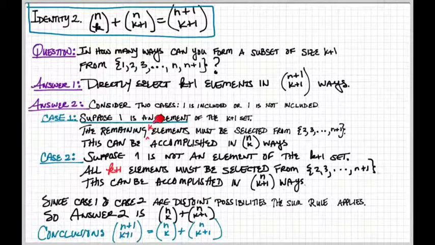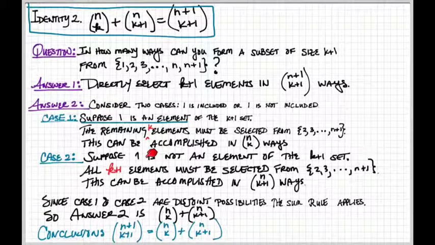Since there are k elements to be determined, they can only be selected from the elements except for 1. So that's 2, 3, up to n plus 1. Well, this is a total of n elements. So we're selecting k objects from n elements, and this can be accomplished in n choose k ways. That's if 1 is in the set.